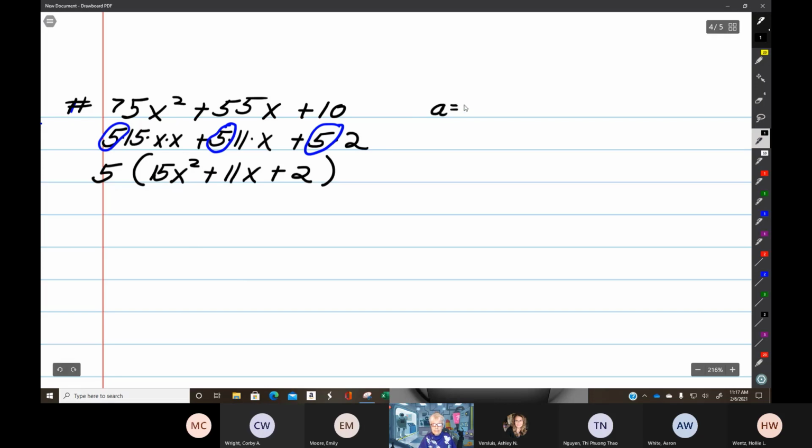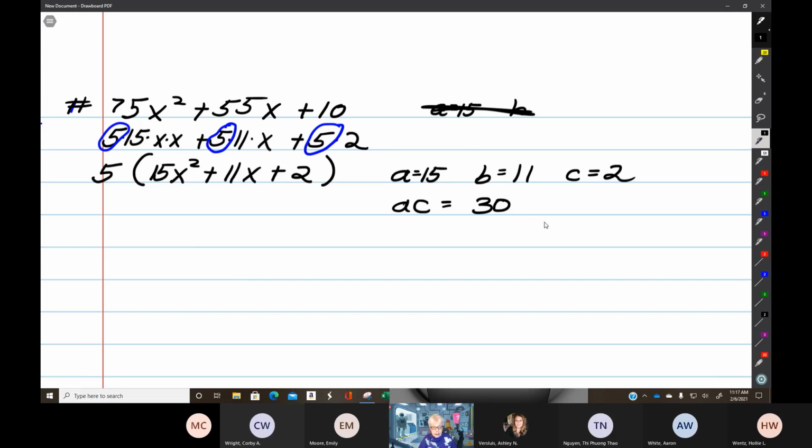So a is 15. I should write it down here, not up there. A is 15, B is 11, C is 2. I multiply A times C and we get a decent number this time, 30. Well, I can take care of factoring that. Positive 30.